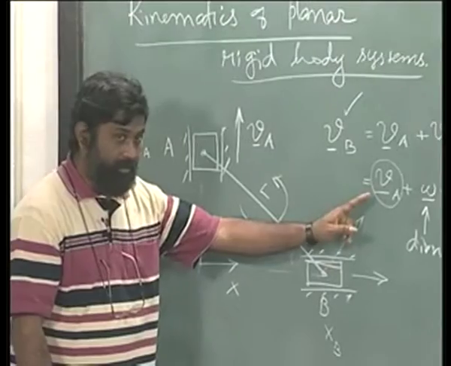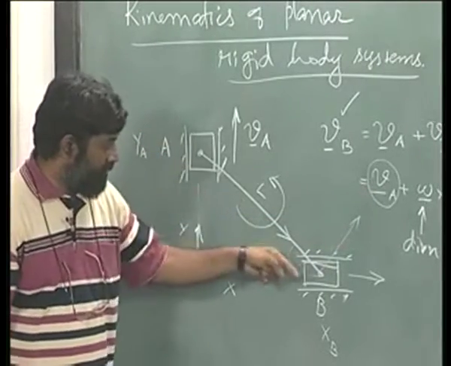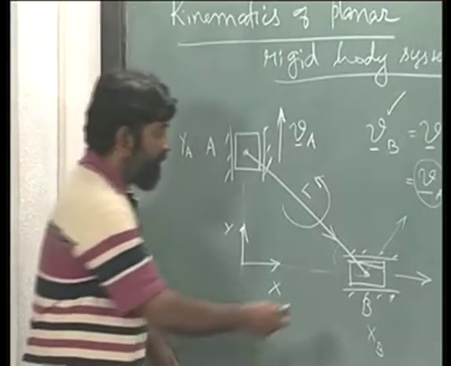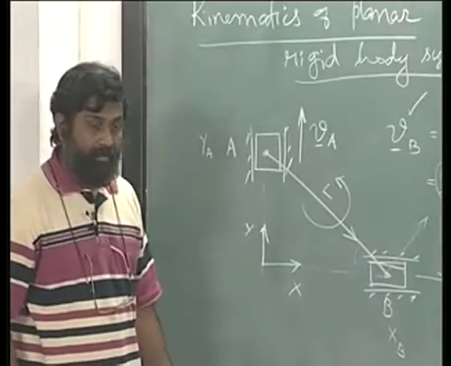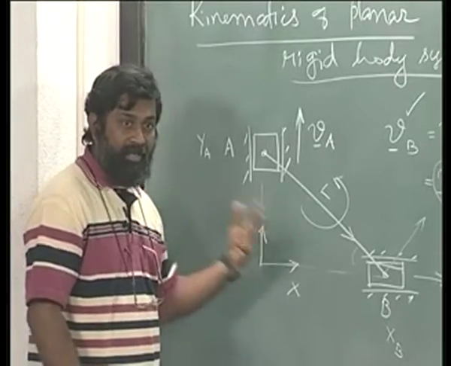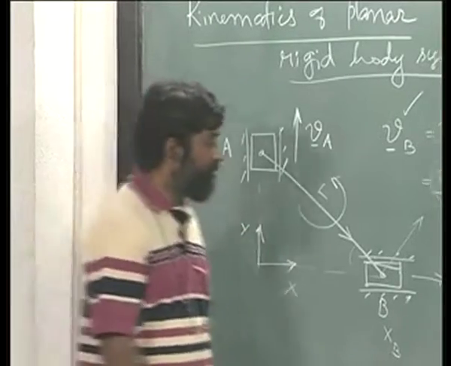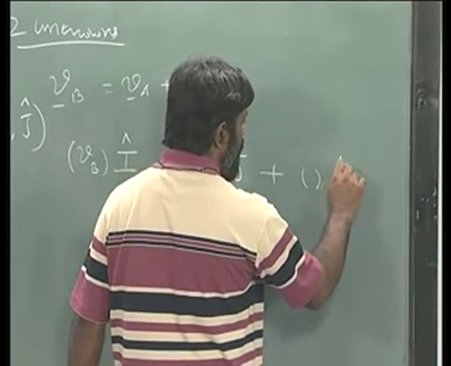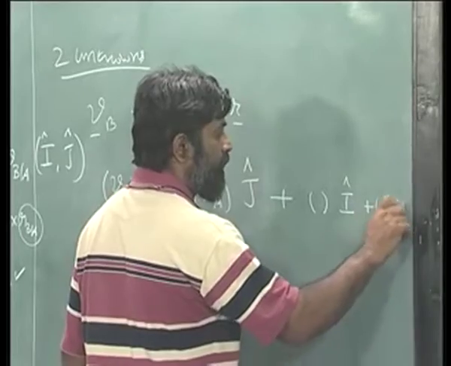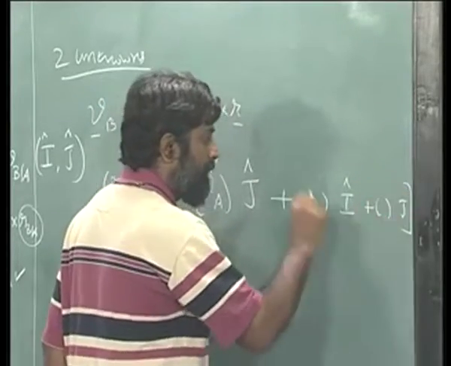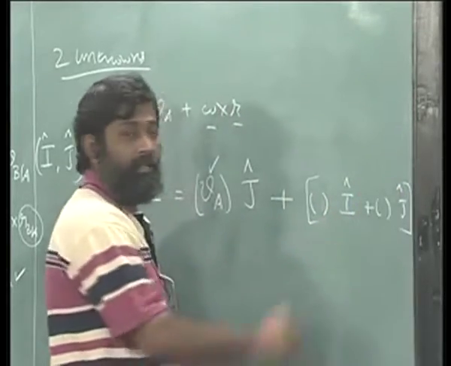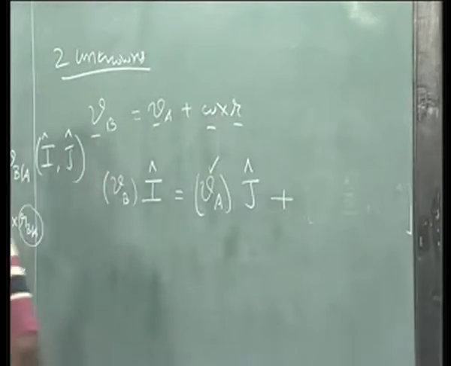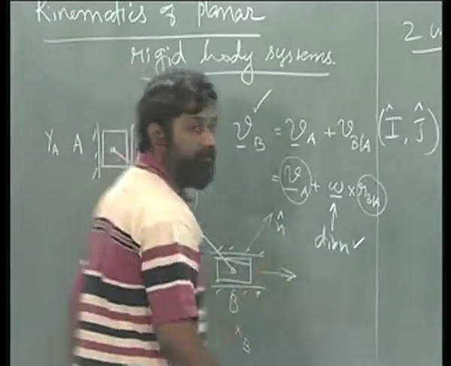The direction of this, if this is xb and this is ya, is given by the reverse of the ratios. For now let me just put it as some I plus some j, and this is the unit direction. Shall I call this the n direction, where n direction is known.